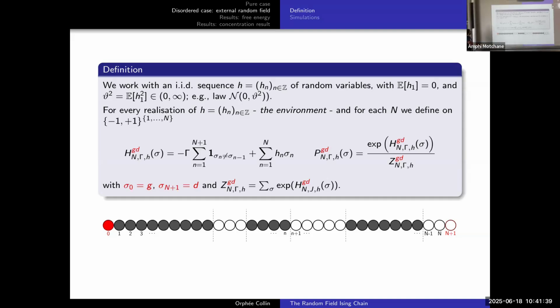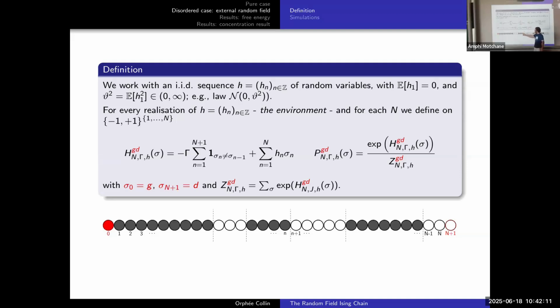And then for every realization of this sequence, we're going to consider a Gibbs measure, which is going to be a random Gibbs measure, defined in the same way as before, but we add this term to the Hamiltonian. So each spin interacts with the field at the site.